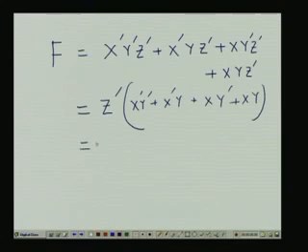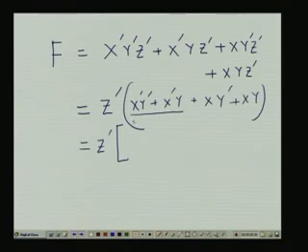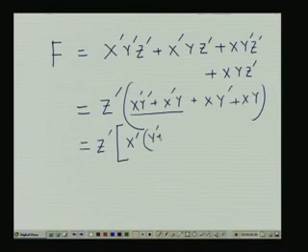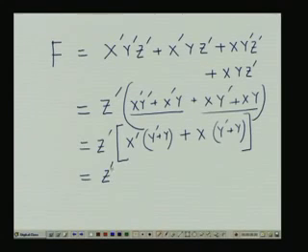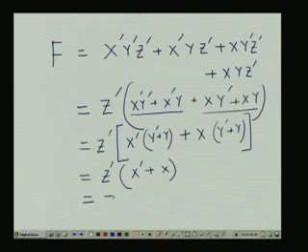Can I reduce more? In the first two terms x dash is common, so we take y dash plus y. In the last two terms x is common, so this is again y dash plus y. We know y dash plus y is 1. So this becomes z dash times x dash plus x, which becomes only z dash.